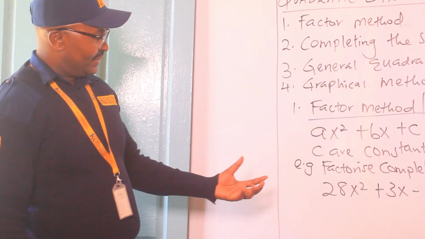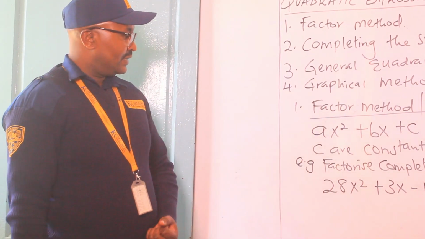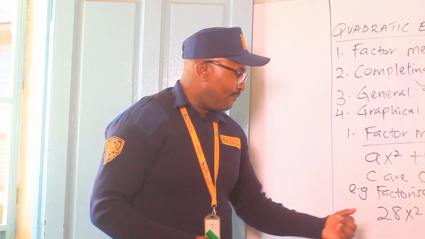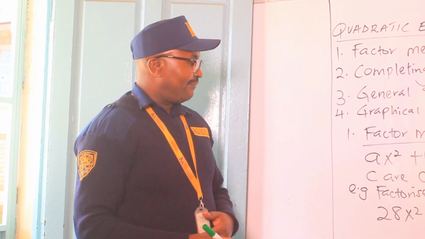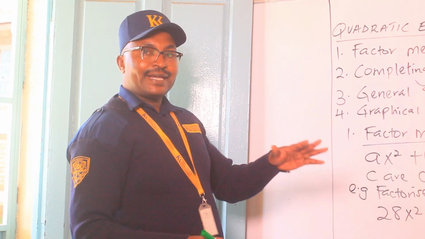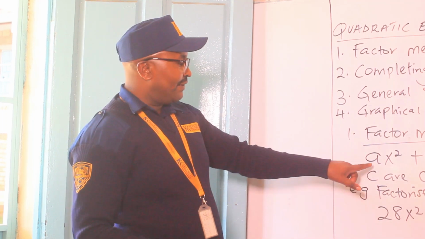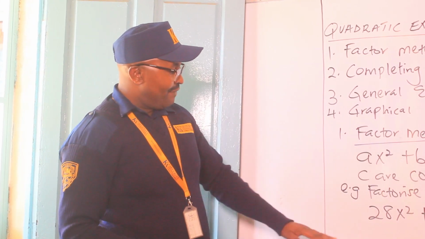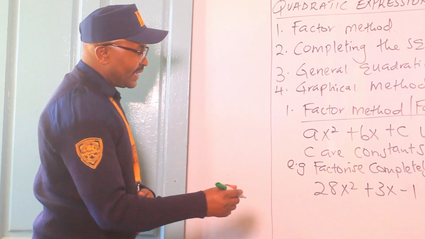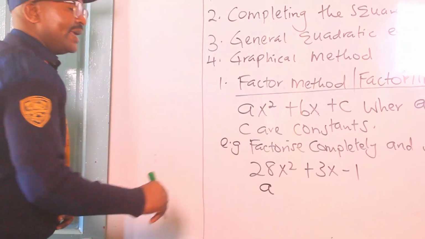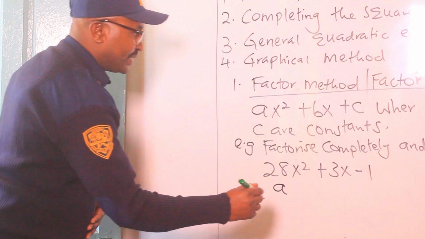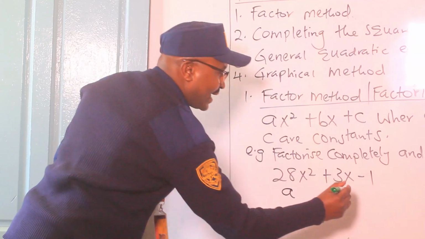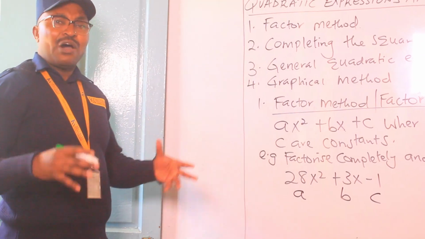You are told to factorize this quadratic equation, and then you solve for x. So we are going to use the factor method. Because the quadratic expression is in the form of ax squared plus bx plus c, then if you look at our equation, we can say 28 is our a, positive 3 is our b, and negative 1 is our c. So how do you go about it?